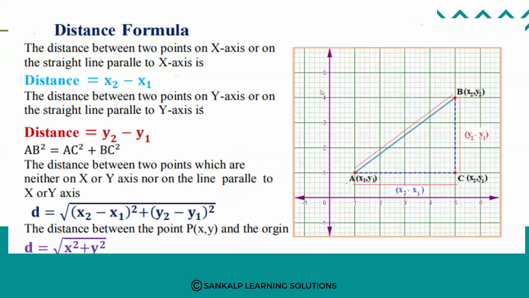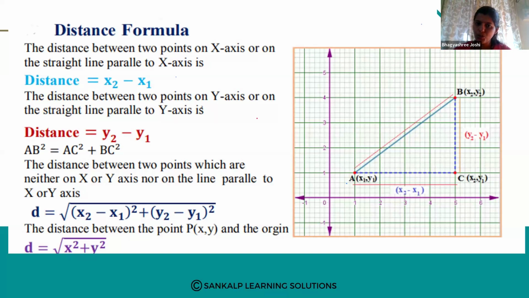Distance formula. What does the distance formula tell us? See the distance between 2 points on the x-axis, or on a straight line parallel to the x-axis, is x2 minus x1.